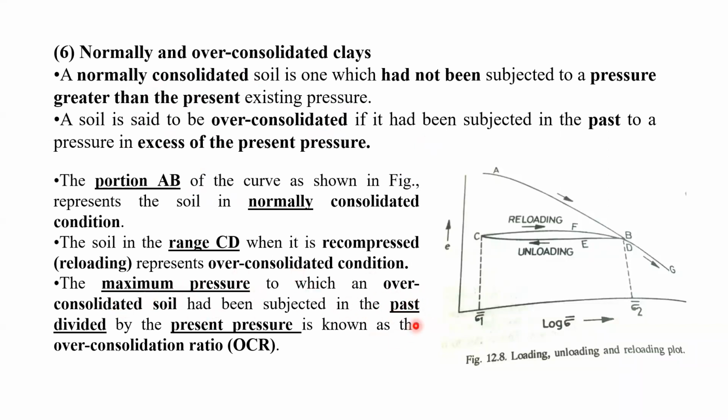The maximum pressure in the past divided by the present pressure is known as the over consolidation ratio. For example, maximum pressure 5 kilonewton per meter square, and the present pressure you are going to apply is 4 kilonewton per meter square. So 5 by 4 is called the over consolidation ratio.